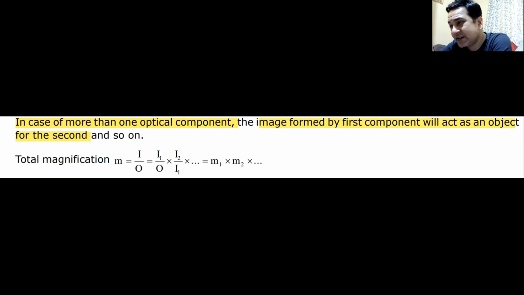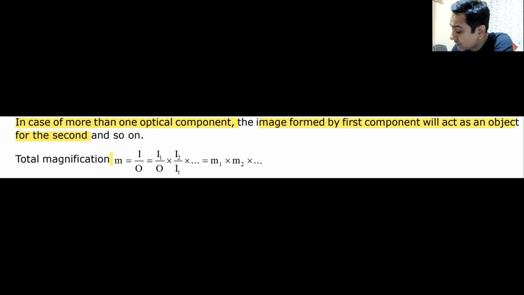The image formed by the second mirror will act as object for the third mirror, and so on. If we have two lenses, the first lens will form the image, and that image will act as object for the second lens, and so on.